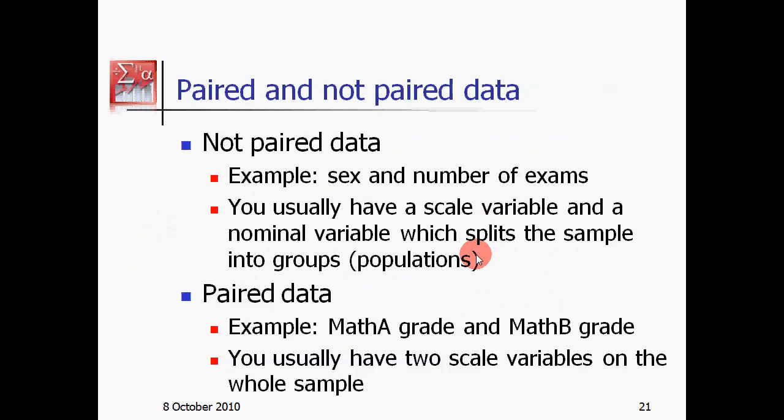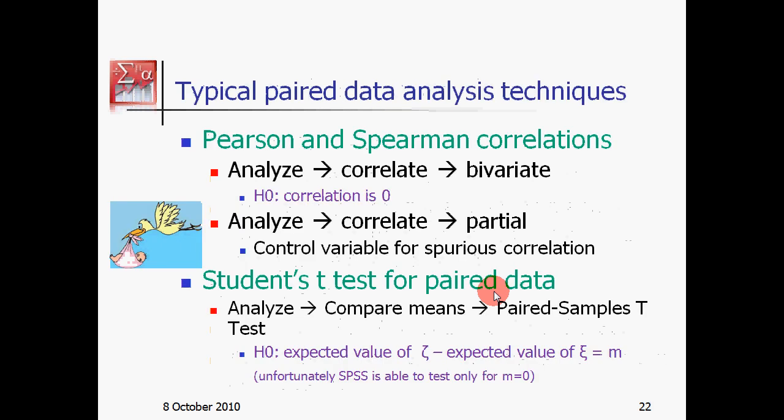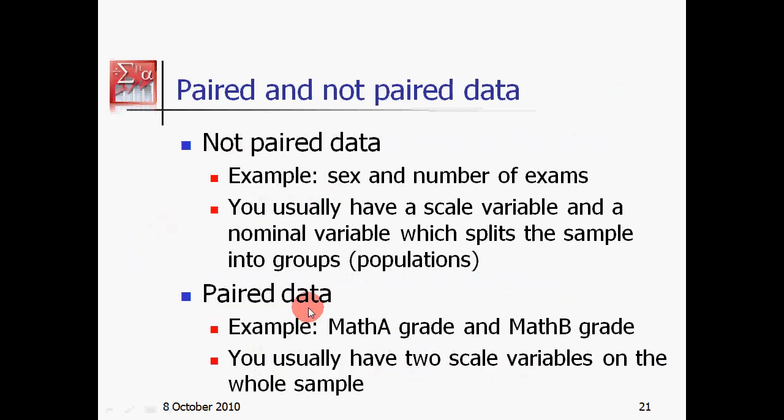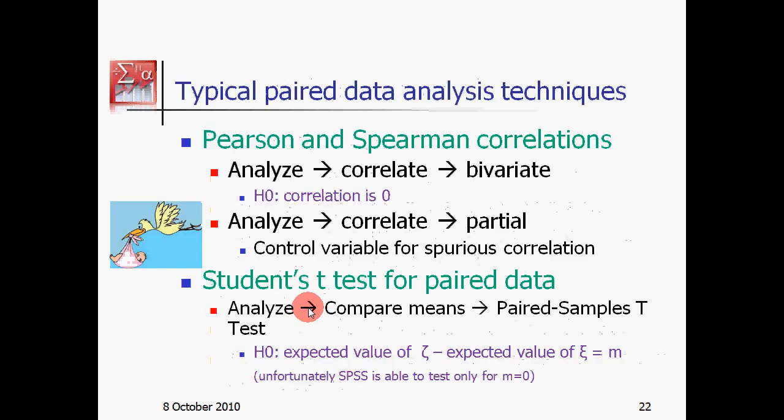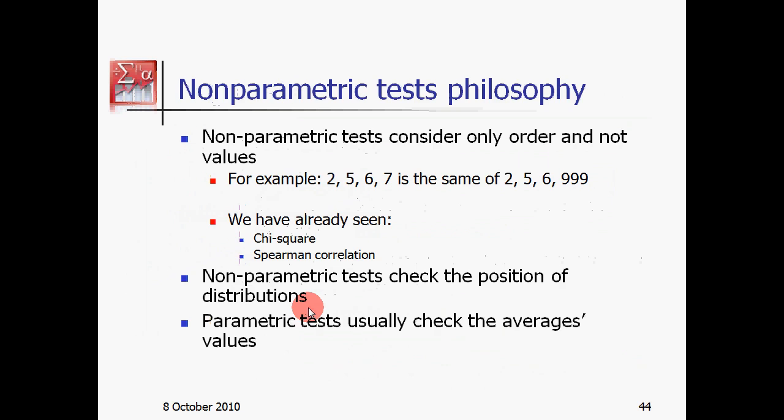I have explained here, for example, grade in mathematics A and grade in mathematics B. And you want a test which checks whether there is a difference between the grade in mathematics A and the grade in mathematics B. While the student test checks whether there is a difference in the expected value, so in the average, this one tells you whether there is a difference in the position.